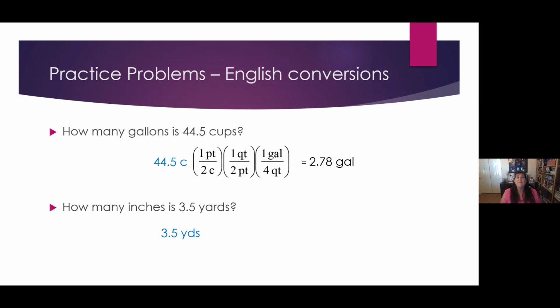Oh, there's 3 feet in a yard. Okay. So a yard is 3 feet. Will the yards be on top or bottom? Okay, yards needs to be on bottom. So we're going to have 3 feet over 1 yard, like that. Yards cancel. We have feet. Are we done?